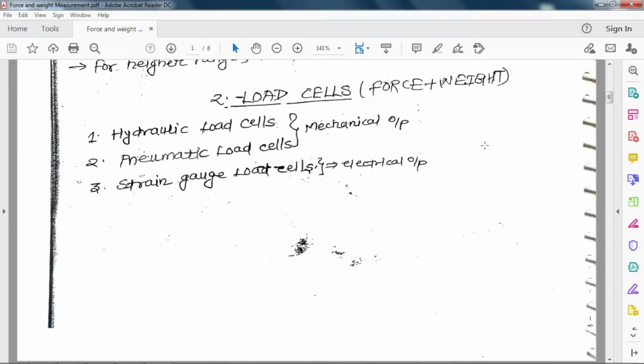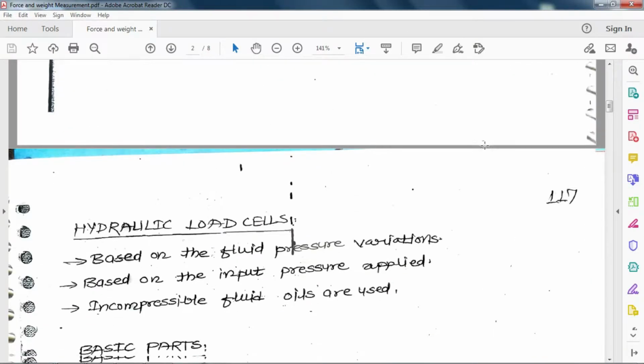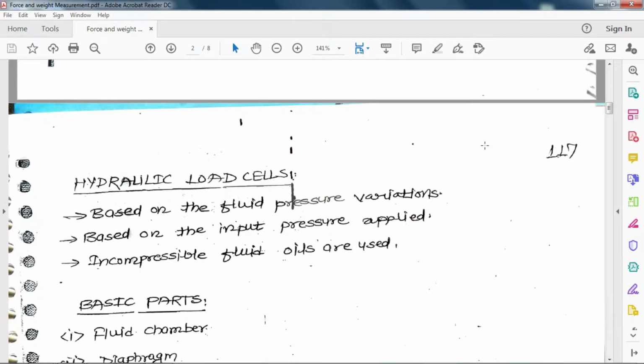And the fourth one is the capacitive load cell, which is also a part of electrical output. So first is the hydraulic load cell.